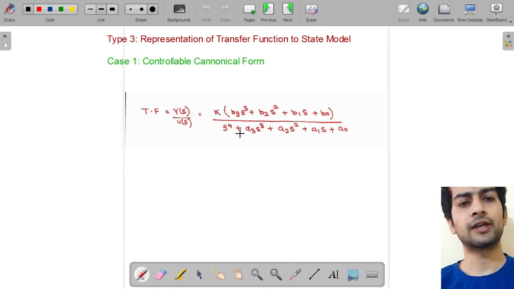Suppose we are given a transfer function in this form. This is one form of transfer function which is given to us. In common cases, we are going to see different types of transfer function, but here you just focus that the transfer function given to us is of this type.